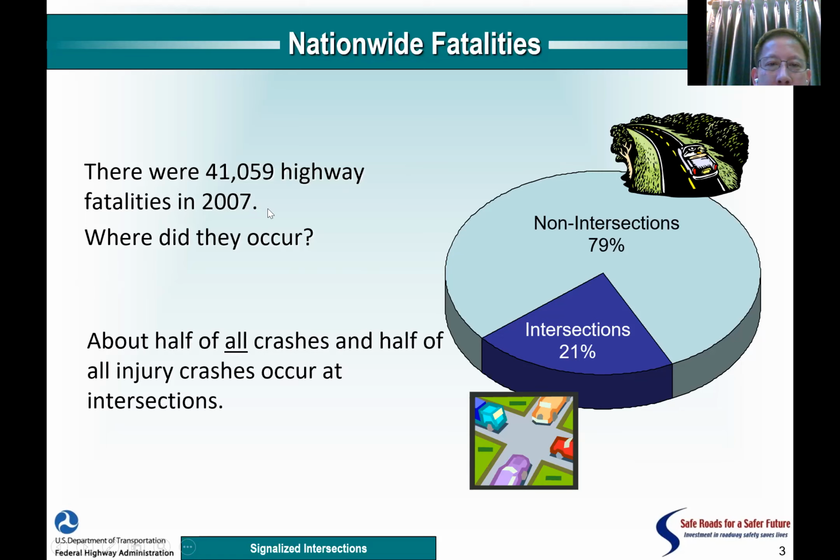Okay, 41,000 fatalities in 1 year. But compared to how many million people in the United States, and compared to fatalities in Thailand, if you look at the comparison, you will find that there is a much higher fatality rate in Thailand.